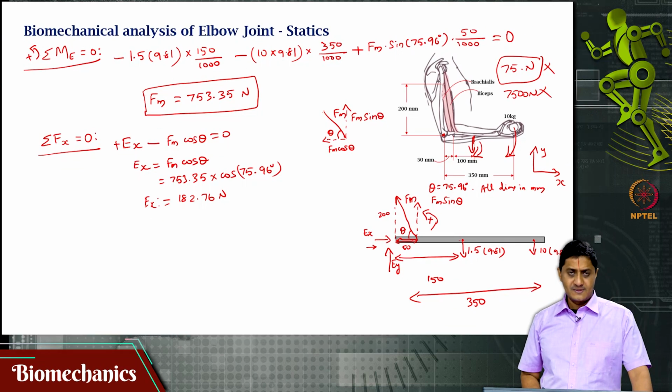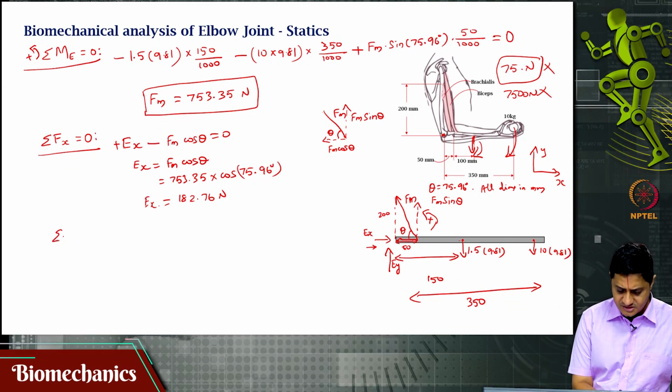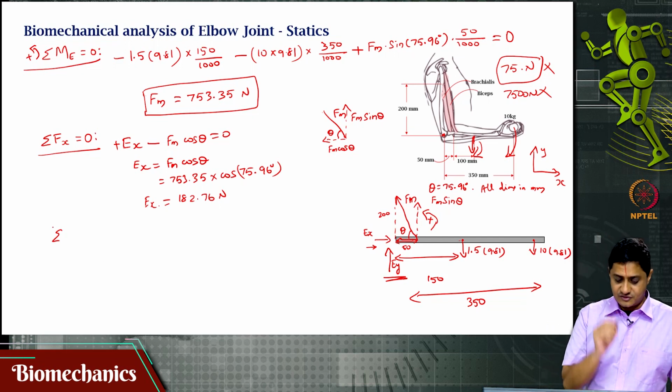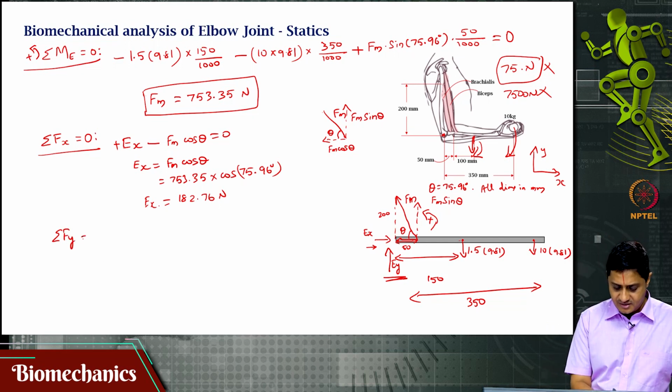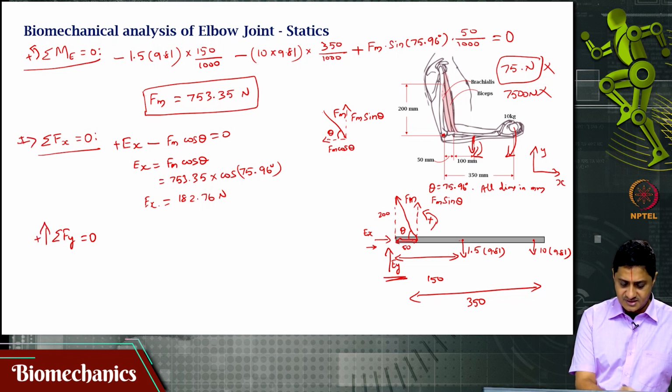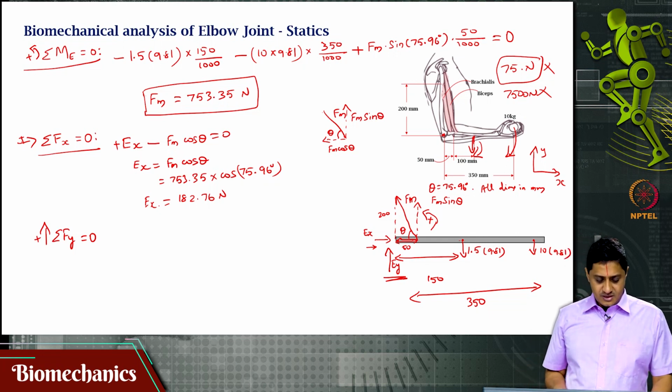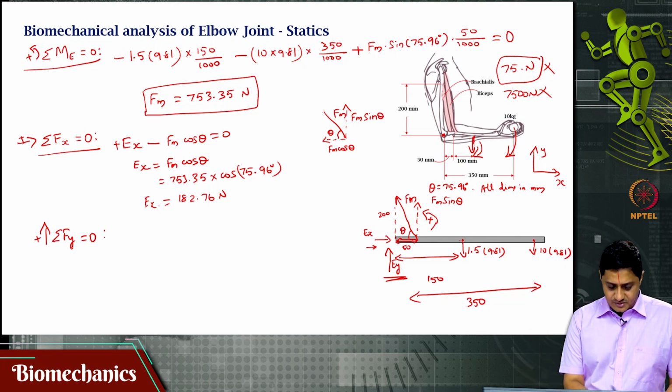Okay. We are not done yet, because we still have to find the other reaction force, which is Ey, the reaction force at the elbow. Sigma Fy equal to 0, upward considered positive. For the x case, it is right side considered positive. Sigma Fy equal to 0.